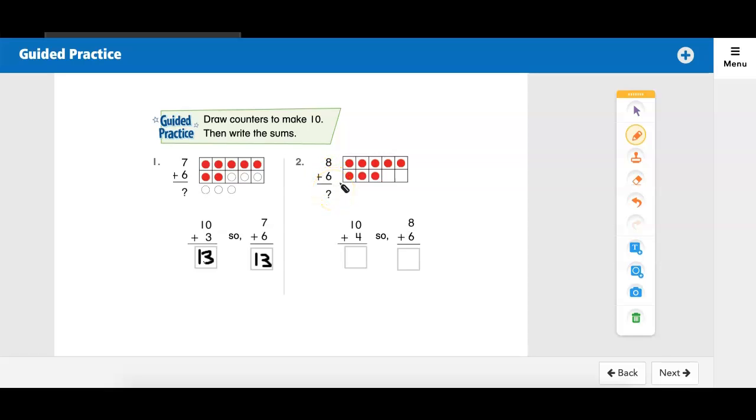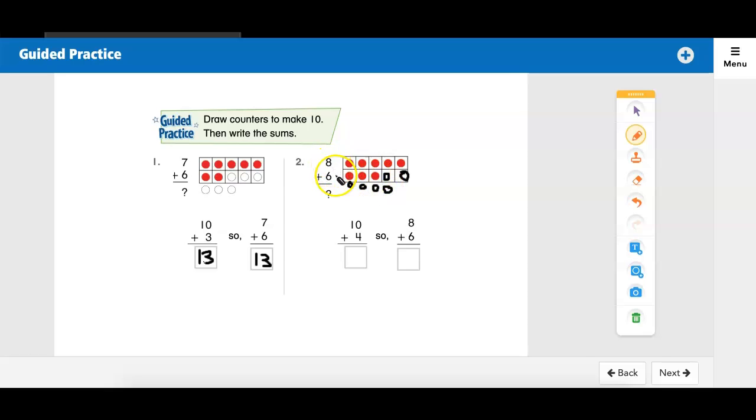So in our tens frame, we have 5, 6, 7, 8. Now I need to draw counters to add the 6. So we are going to add 1, 2, 3, 4, 5, 6.